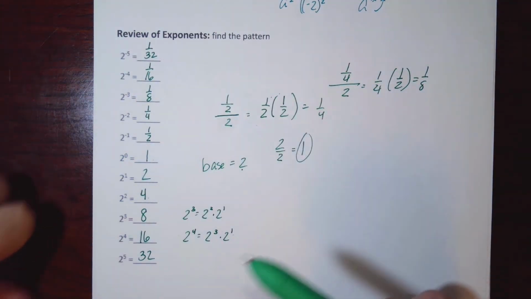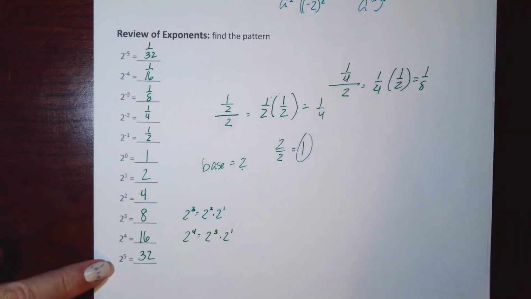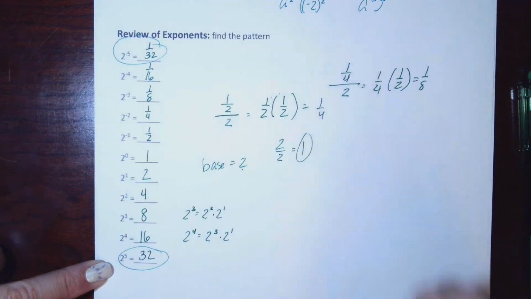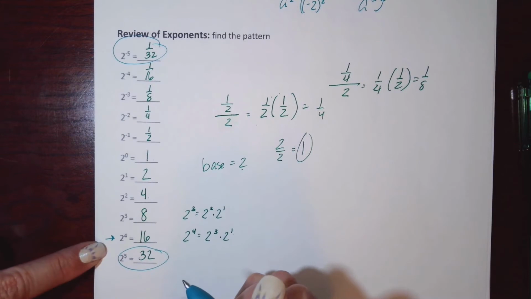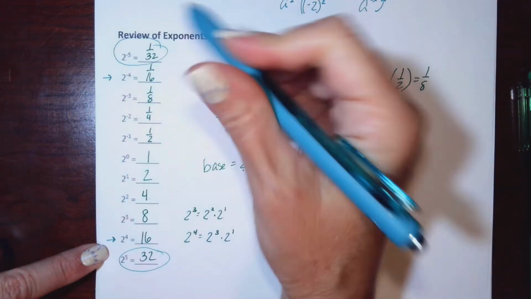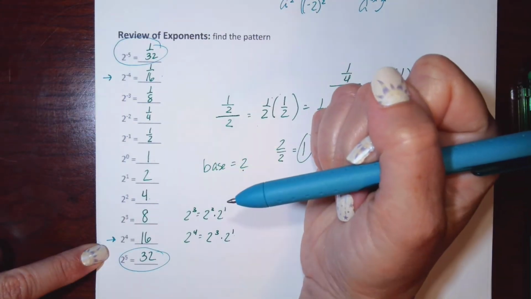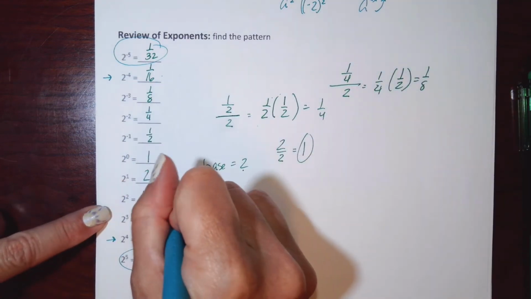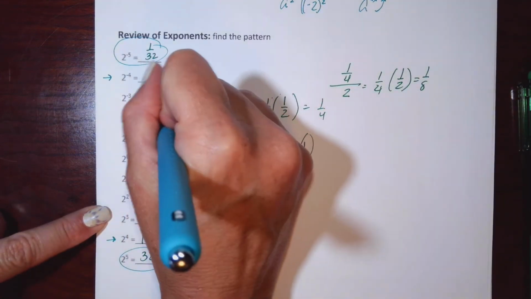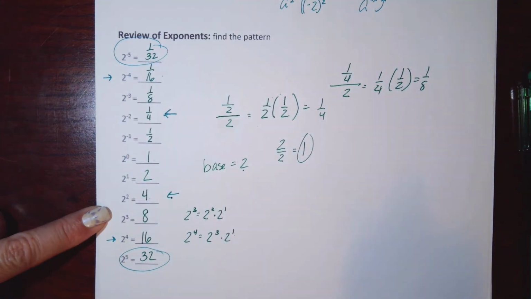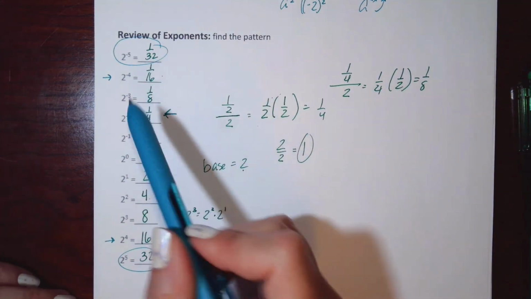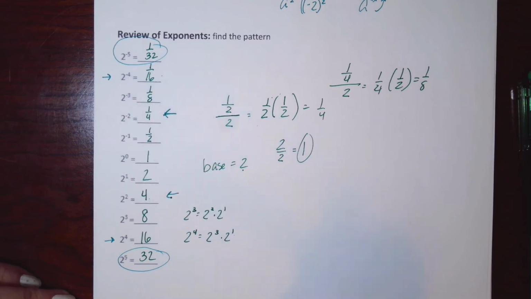Hopefully you notice that, for example, 2 to the 5th is 32. 2 to the negative 5th is 1/32. 2 to the 4th is 16. 2 to the negative 4th is 1/16. 2 squared is 4. 2 to the negative 2 is 1/4. So when I put a negative in my exponent, it tells me to take the reciprocal of the base.